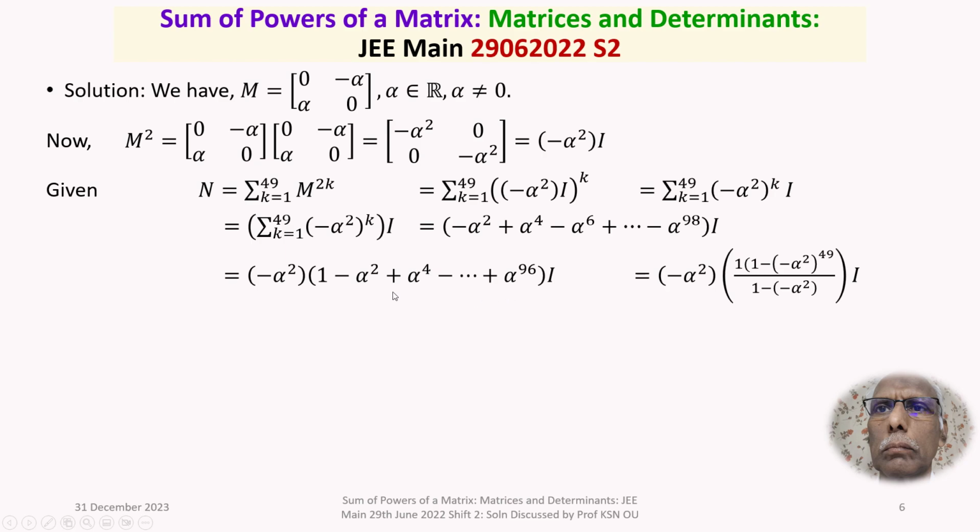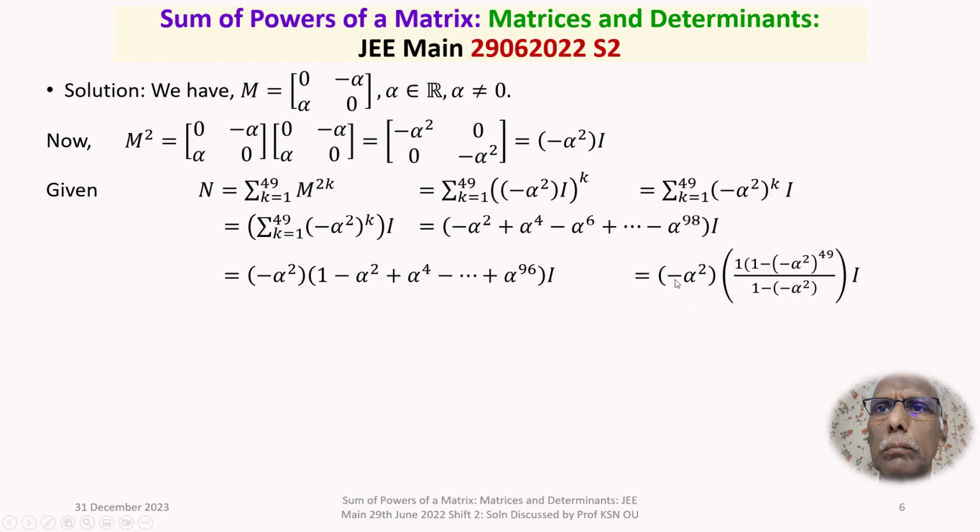This one is a geometric series whose first term is 1 and common ratio is minus alpha square. The sum will be a into (1 minus r power n) by (1 minus r).